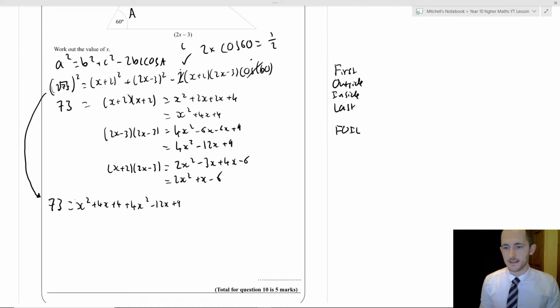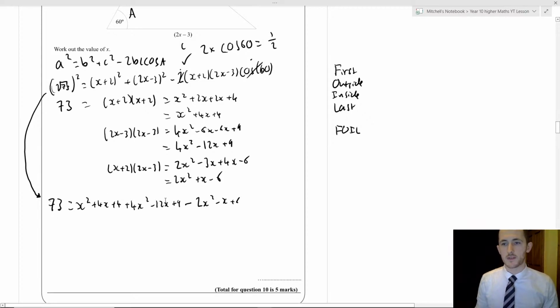And that last bit on the end gives me, bear in mind there's a minus sign, so I have to change the sign of all of this to make it 2 minus 2x squared minus x plus 6. So just to go over that one more time, even though I cancelled the 2, there's a negative sign. So everything in this bracket that I worked out has to change sign. Okay?